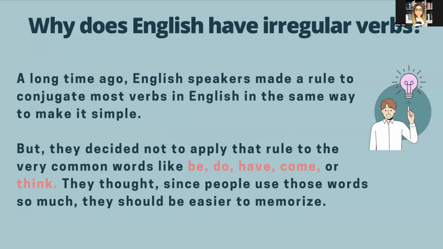Examples are be, do, have, come, and think. They thought that since people are using those words so much every day in every sentence, it should be easier to memorize. And so now, hundreds of years later, here you are learning about irregular verbs, and here I am telling you, you must memorize them because this is the only way.